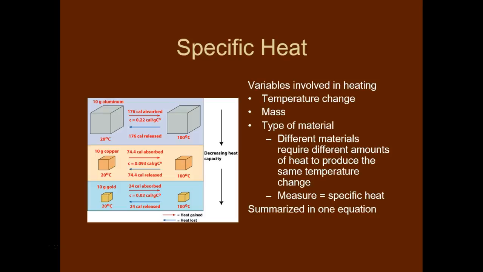Gold is denser than copper, which is much denser than aluminum. You have that at 20 degrees, heating it to 100 degrees Celsius. That's going to only take 724 calories to heat that. That's about a third of what it took to heat the copper, and goodness gracious, about 1/7 of what it took to heat. No, more than that.